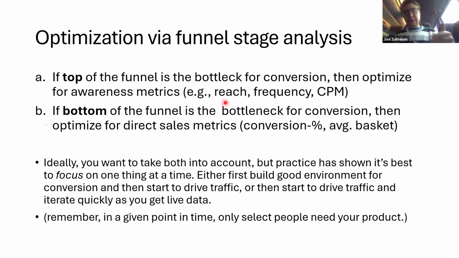For example, we would look at advertising visibility metrics if we are seeing the top of the funnel as an issue, and then conversion rate and average basket, which means average order value, if we are seeing the bottom of the funnel.